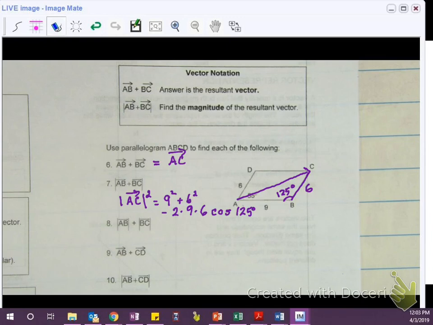What is the minus 2 coming from? This is the law of cosines formula. A squared equals B squared plus C squared minus 2BC cosine of A from before.